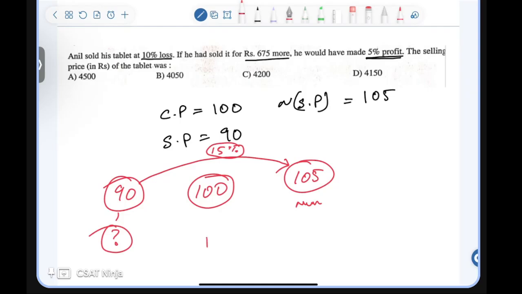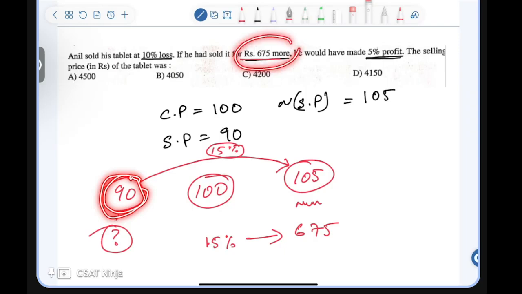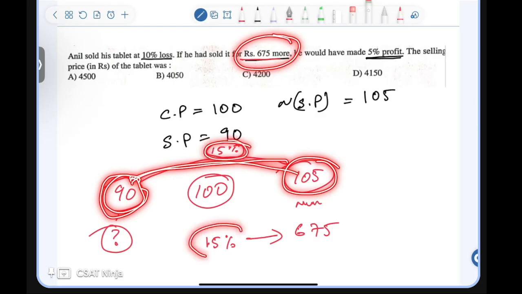So this 15% is nothing but this one, 675. If Anil increases his price by 675, then he will get this one. What's the difference between these two? There is 15%. So this 15% is nothing but 675.